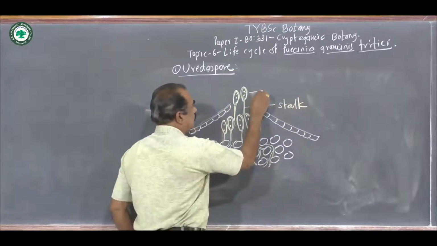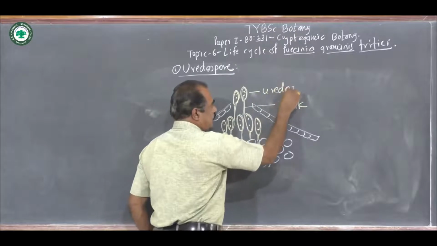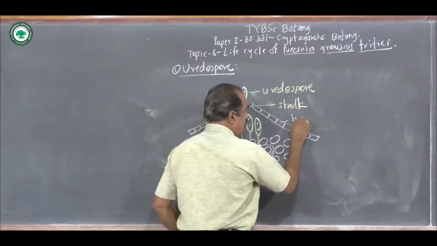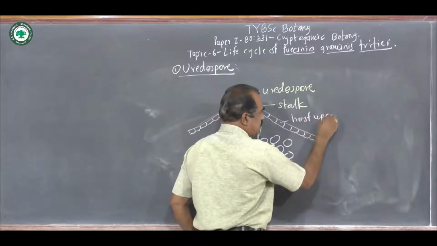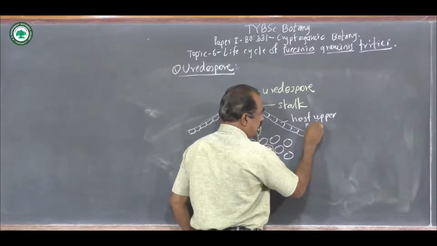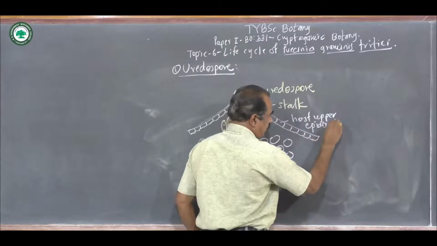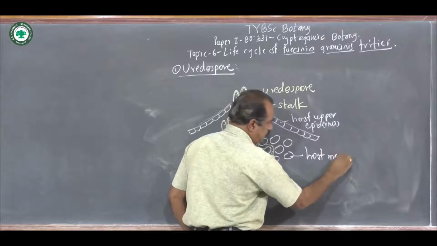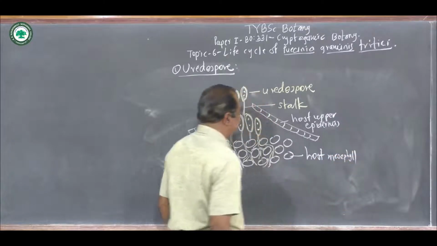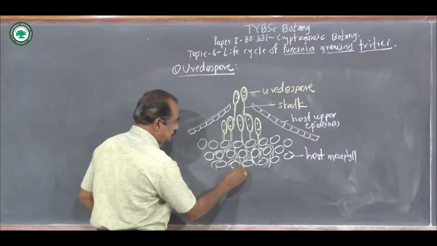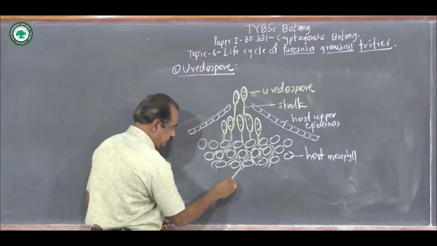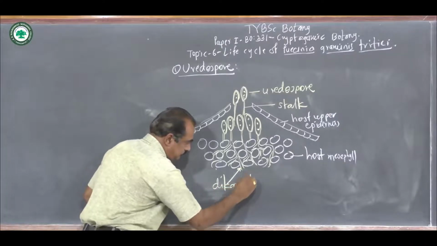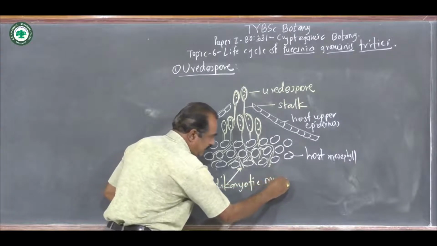This is the stalk, urediospore, host upper epidermis, this is the host mesophyll, this is the dikaryotic mycelium.